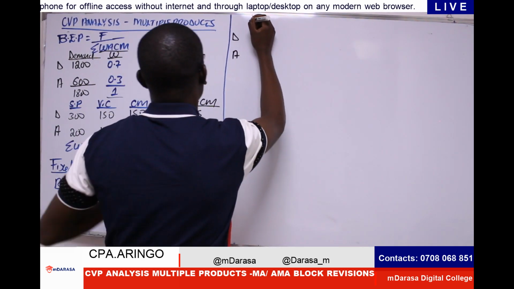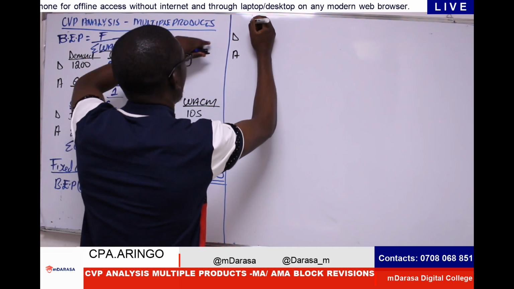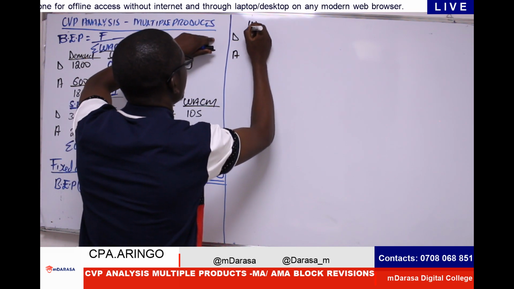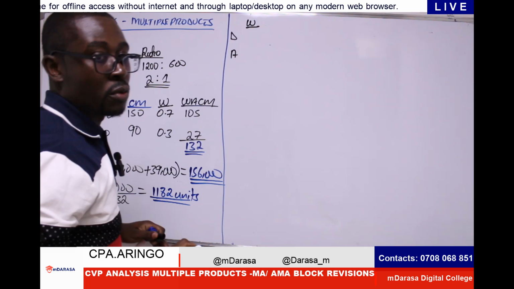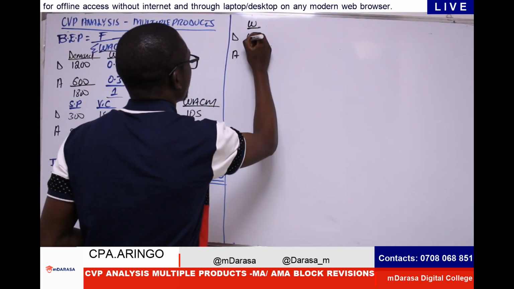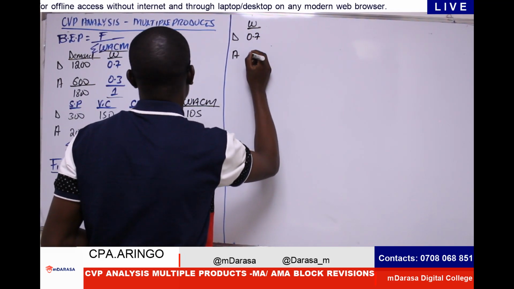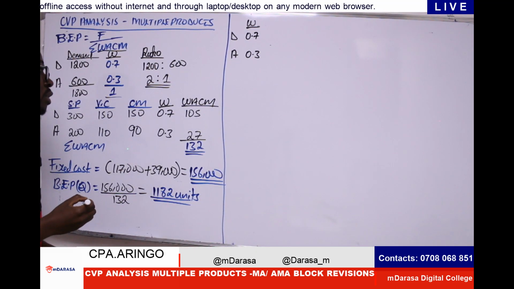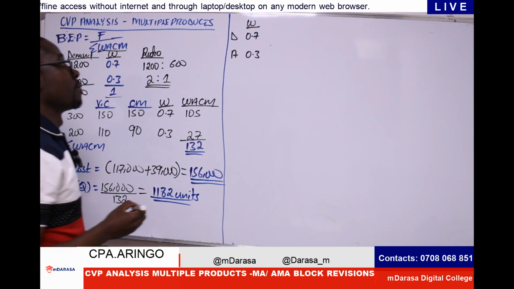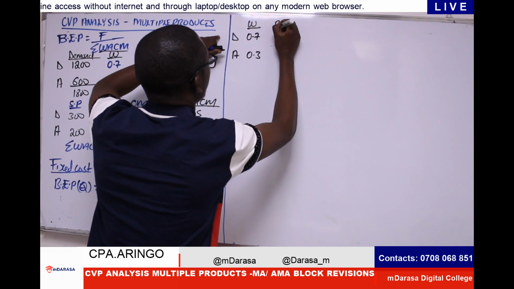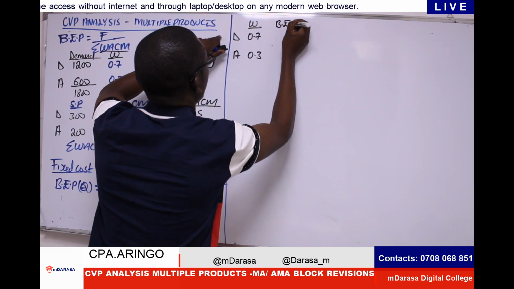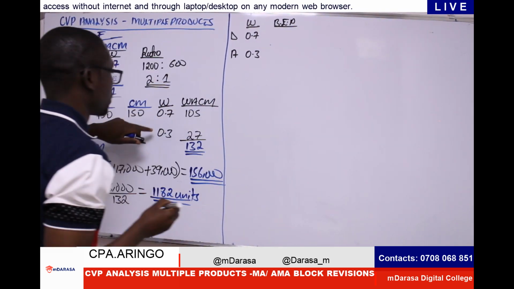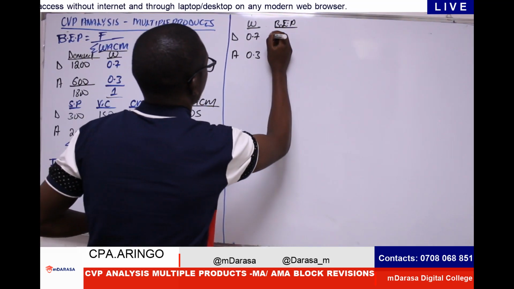We take number one, our weights, which for each product we had 0.7 and 0.3. We multiply this by our break-even point in units that we have achieved, which in this case you can see we have 1182.